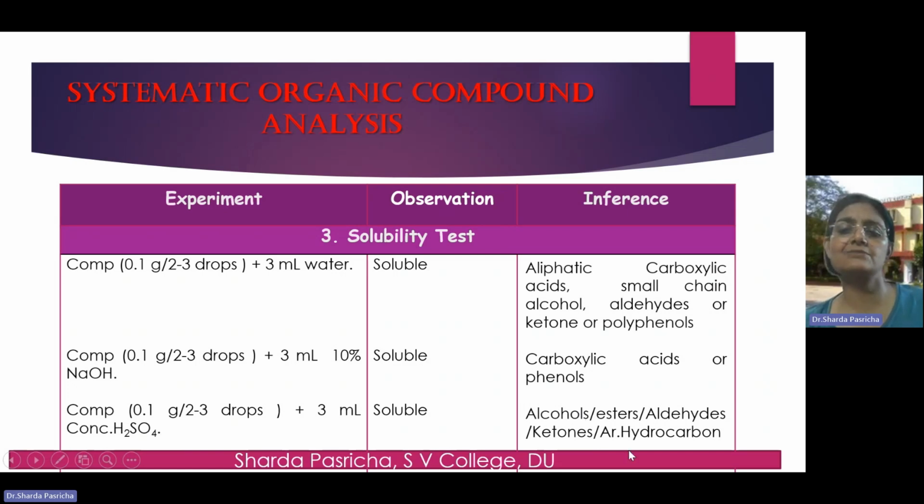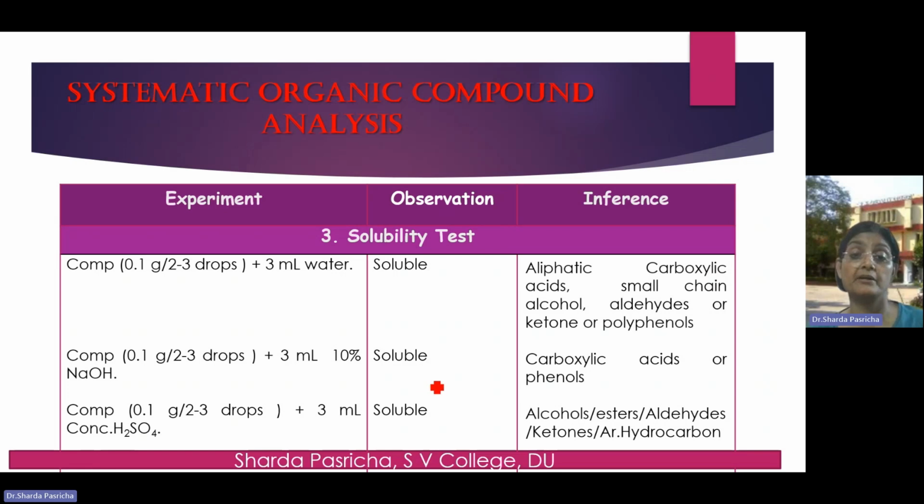There are other functionalities which are soluble in concentrated sulfuric acid: esters, aldehydes, ketones, and aromatic hydrocarbons also, like phenanthrene. They will undergo a sulfonation reaction at room temperature, but they will undergo sulfonation with darkening. So you have to see how the color is changing, whether the solution is becoming darkened, or there is no change in the color of the solution.